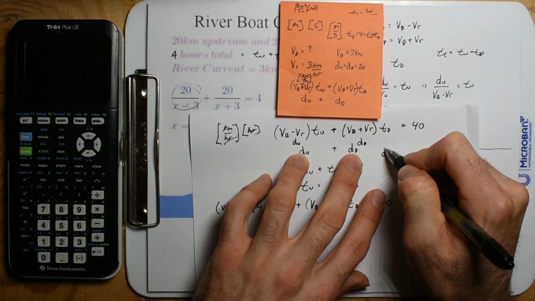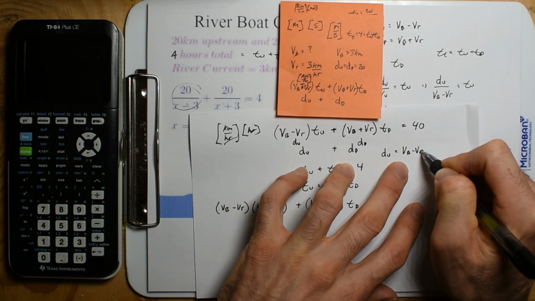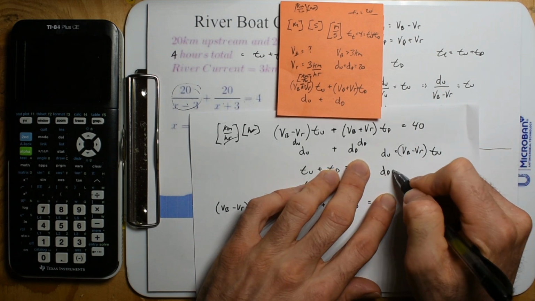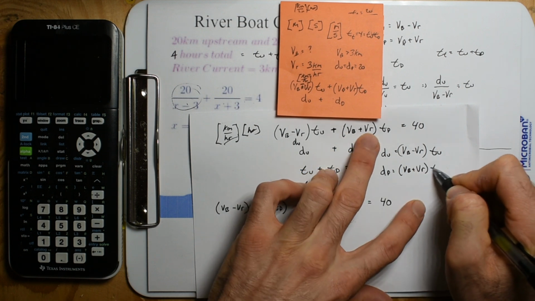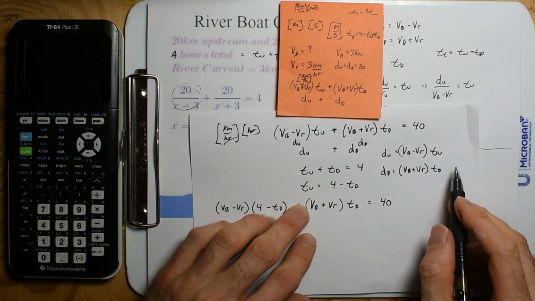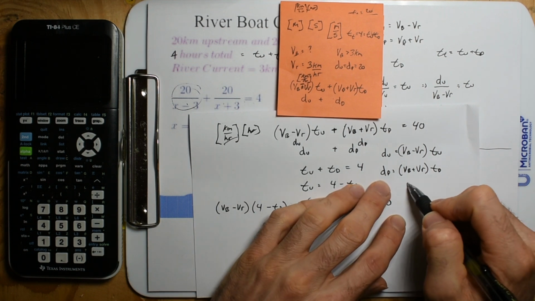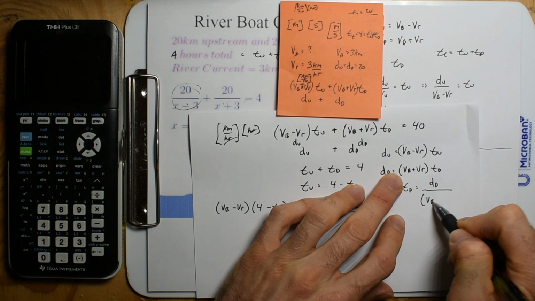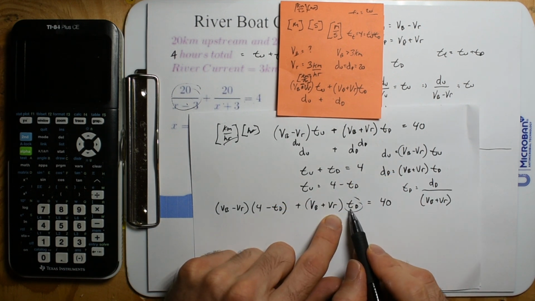So we have, the distance upstream is equal to velocity of the boat minus velocity of the river times time upstream. And we can say the distance downstream is the velocity of the boat plus the velocity of the river times time downstream. And so if we wanted to solve this for time downstream, we would just say time downstream is the distance downstream divided by the velocity of the boat plus the velocity of the river, and then throw that in here.